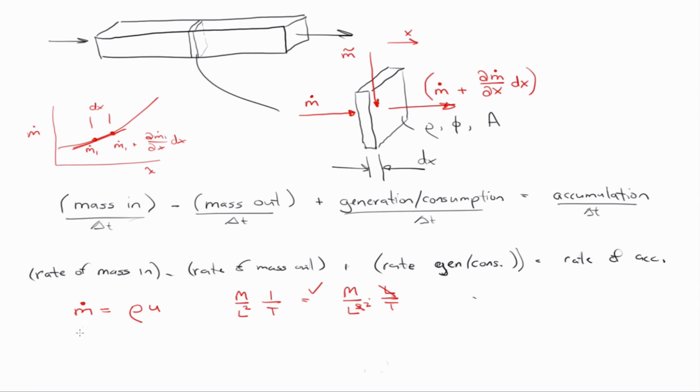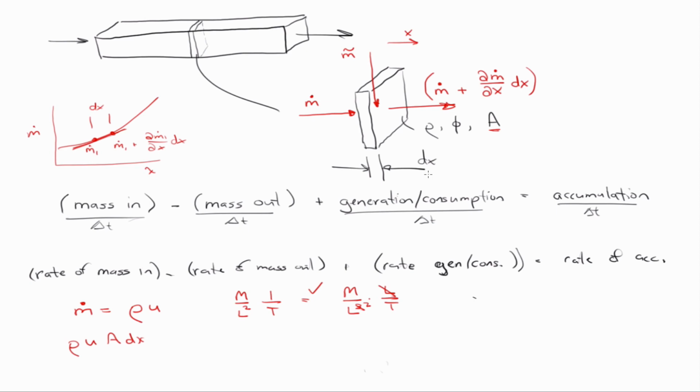So the rate of mass in is the density times the velocity. That's the flux. But I need mass, so then I have the area times dx. Mass is density times volume. I have a one-dimensional media, so it has a cross-sectional area A and a width dx. So the volume of this is A dx.